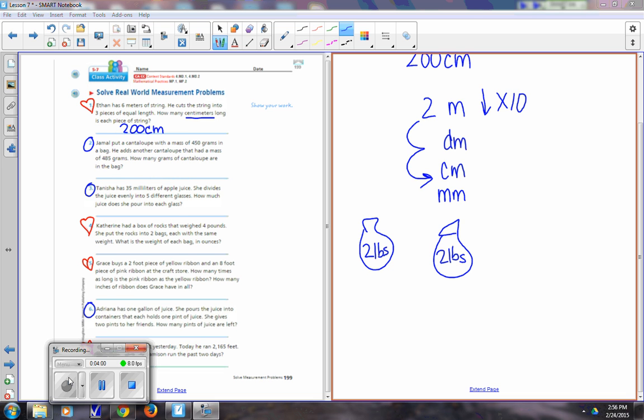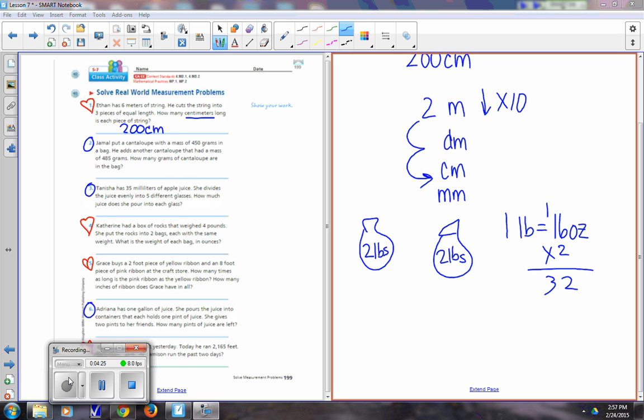And if we remember our conversions, we know that 1 pound equals 16 ounces. So if I want to know how much 2 pounds is, I have to multiply 16 by 2. 32.